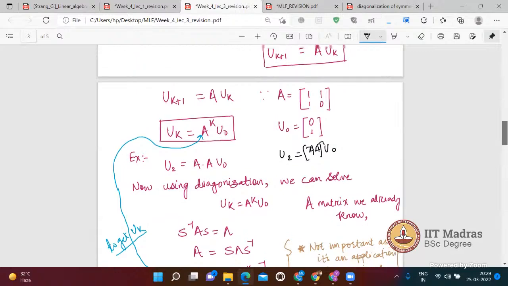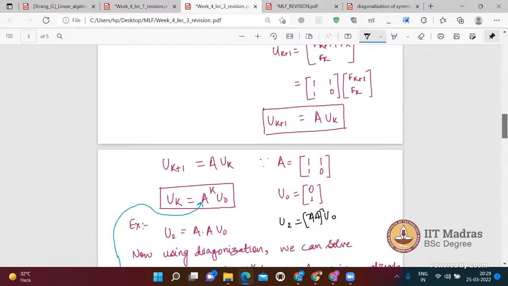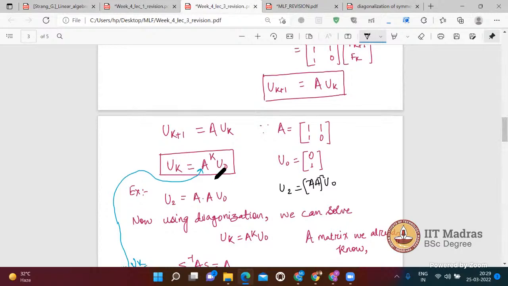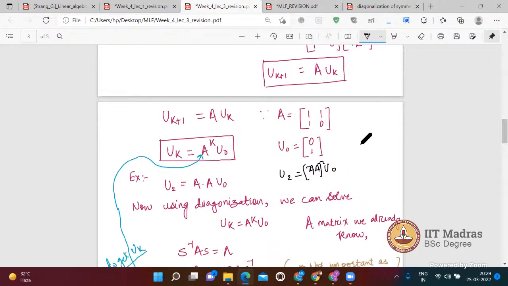If you have been asked to calculate the kth term, what you can do is operate on A with the help of diagonalization, because the matrix A we already have. After diagonalization, we can get the diagonalized matrix.